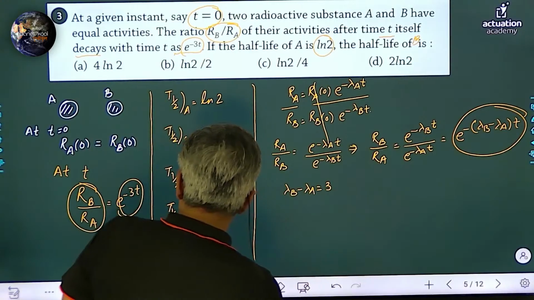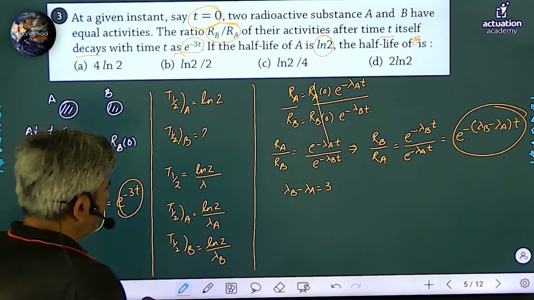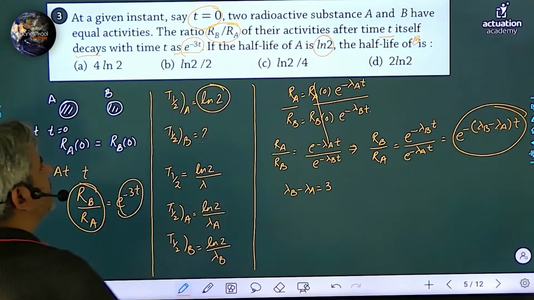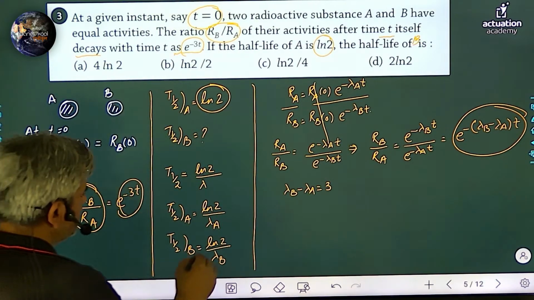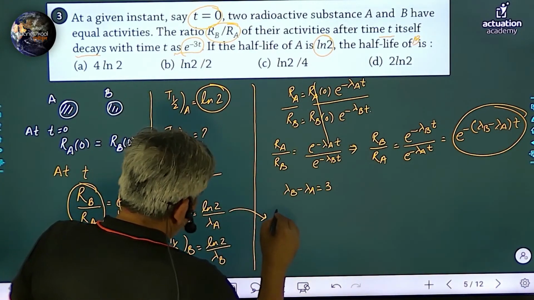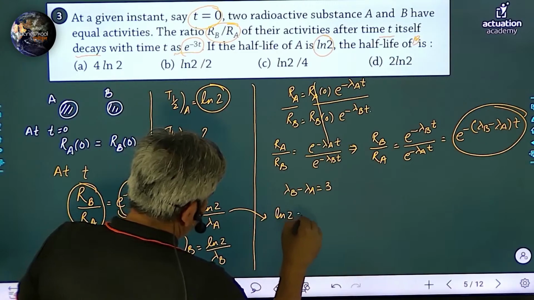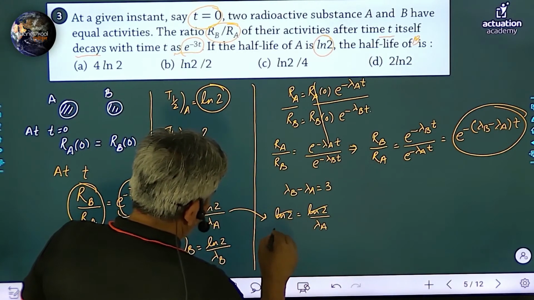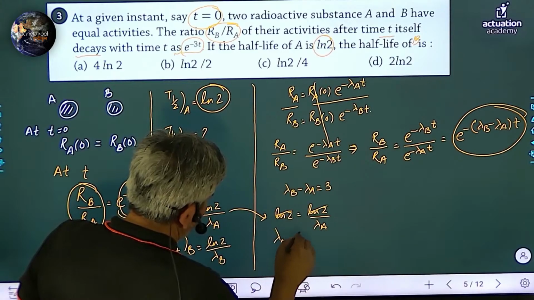Now from here, it is also given that T half of A is natural log 2. So let's put it here that natural log 2 is equal to natural log 2 over lambda A. Now from here we'll get lambda A is equal to 1.